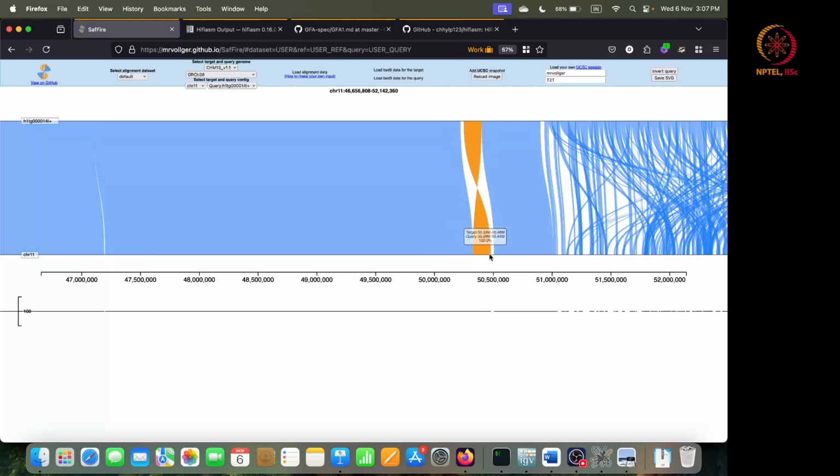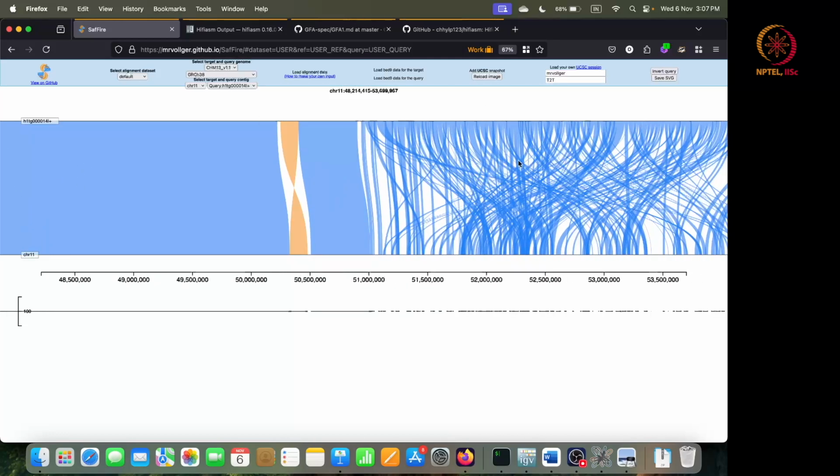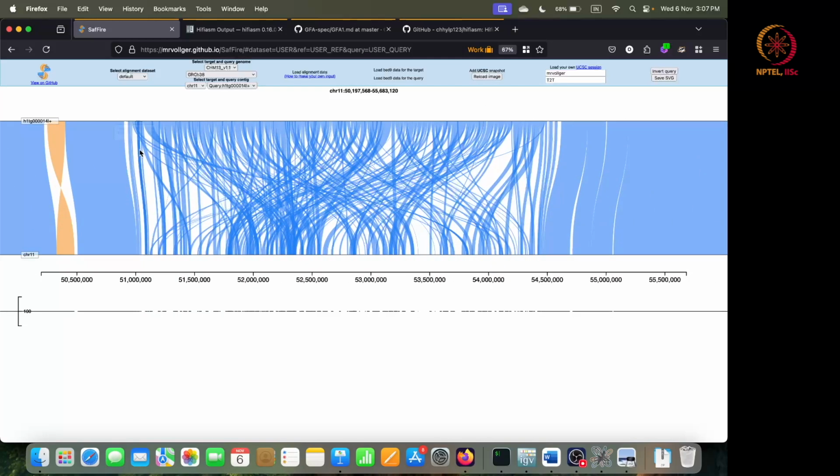The alignment over here to the alignment over here, this region has actually inverted in our sample as compared to CHM13. You can see over here a far more complicated region where the alignments to CHM13 are not actually contiguous. It probably indicates that there is some major difference in our sample as compared to CHM13 in this region of chromosome 11.